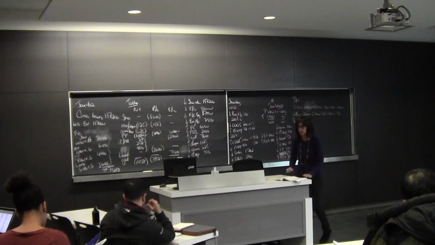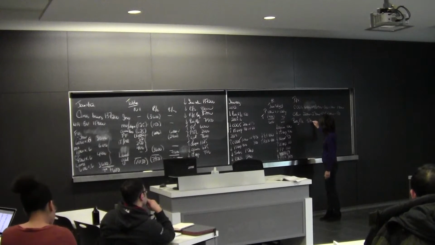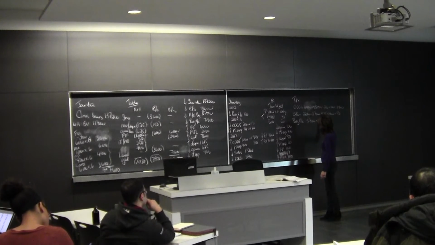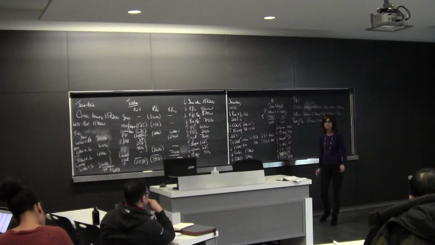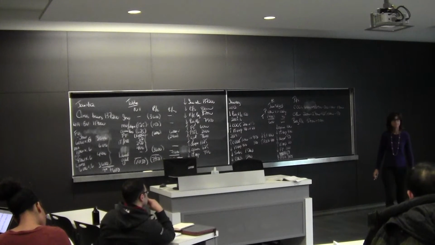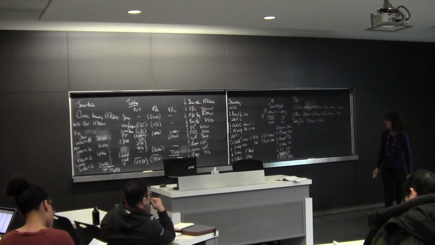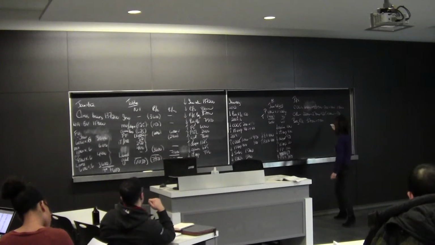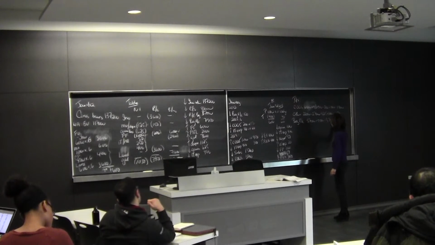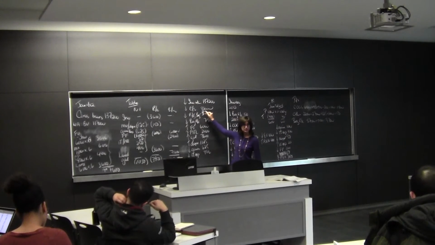So 57 plus 51.5. Okay. Are you ready? Minus 37,000, which is the pre-acquisition retained earnings.